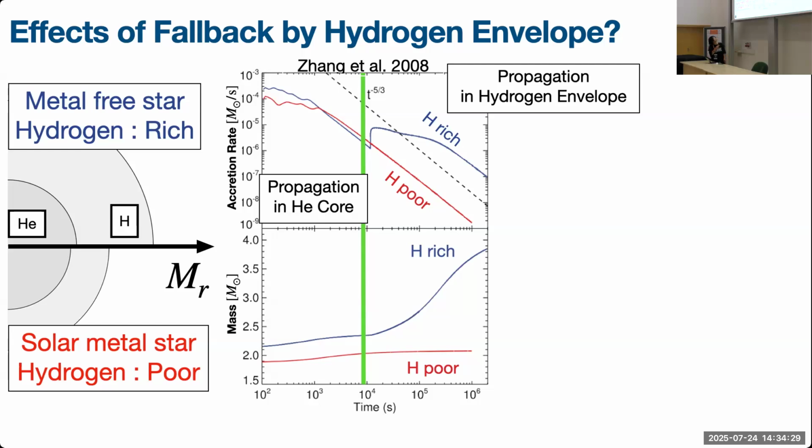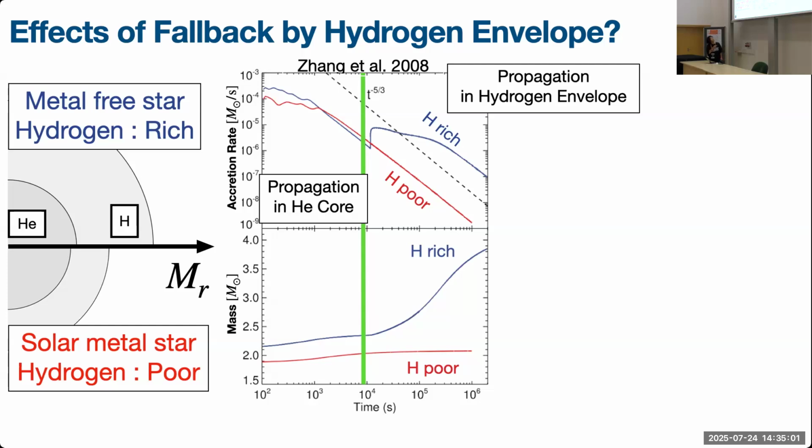The x-axis is time and the vertical axis is accretion rate. After the shock propagates through the hydrogen envelope, the blue line, which has a rich hydrogen envelope, has a substantial mass accretion rate, but the red one does not. The red one is the same as the dotted line, which is an analytic solution of free expansion.